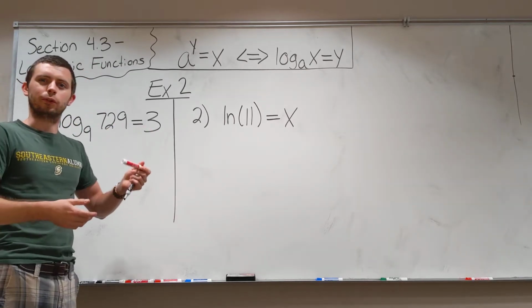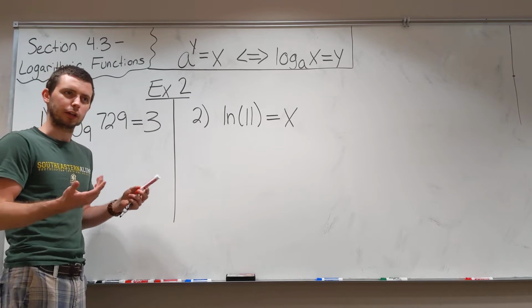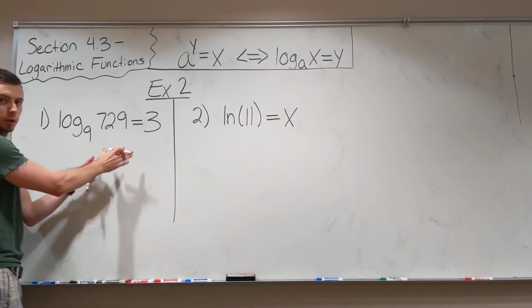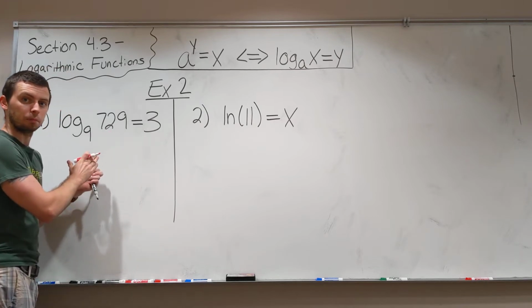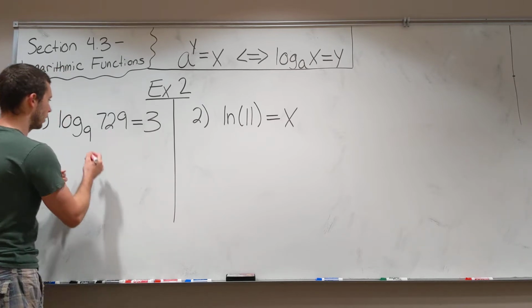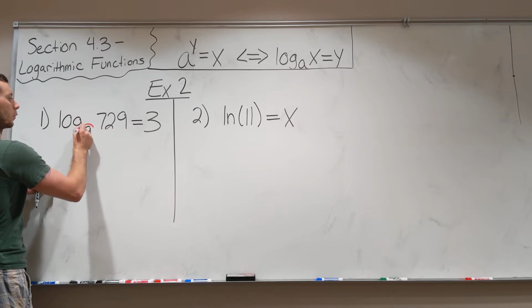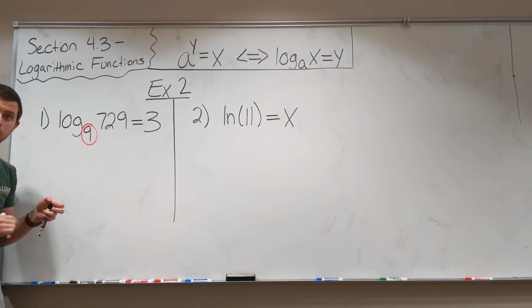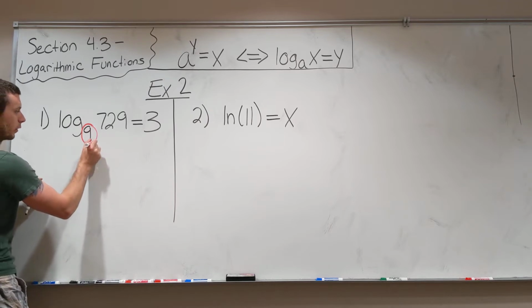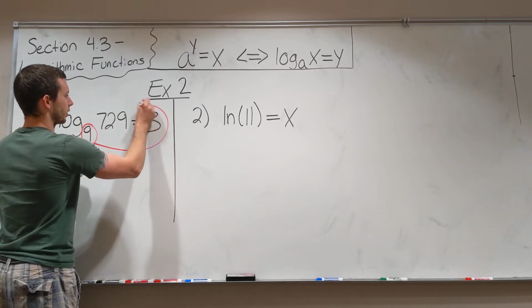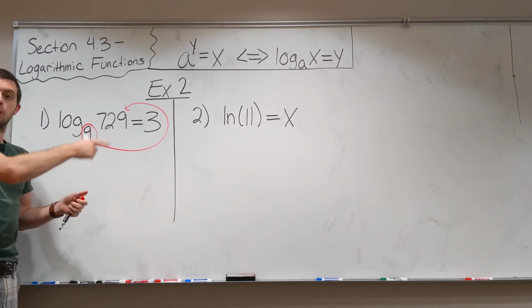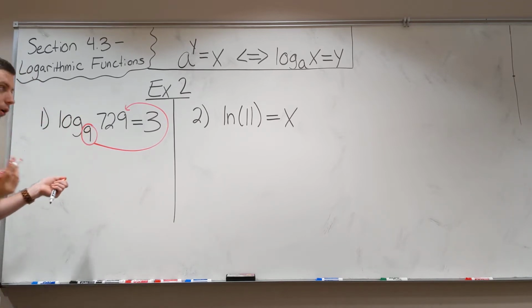It's loosely referred to as the windmill idea. If you want to rewrite a logarithm as an exponent, you can circle the base. The base of this logarithm is 9, it's the tiny number, and you wrap it around just like this. People call it a windmill or an arc, whatever you may want to call it.